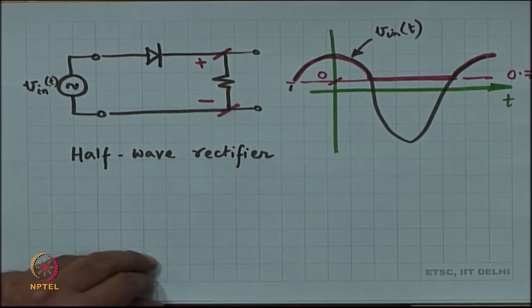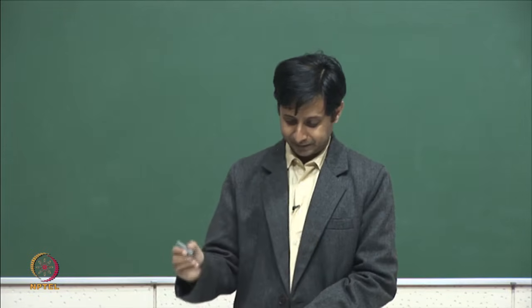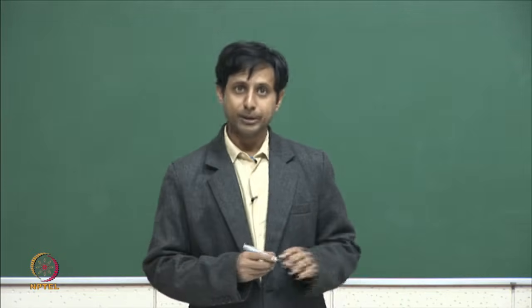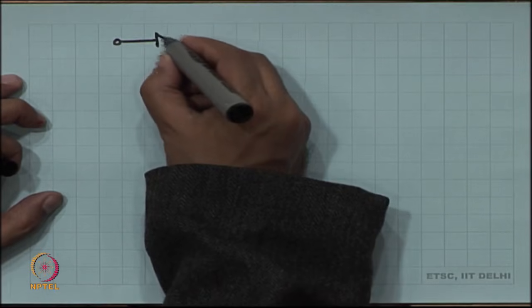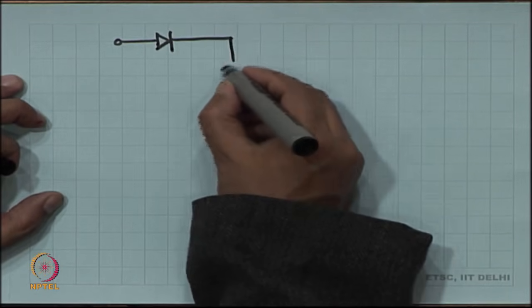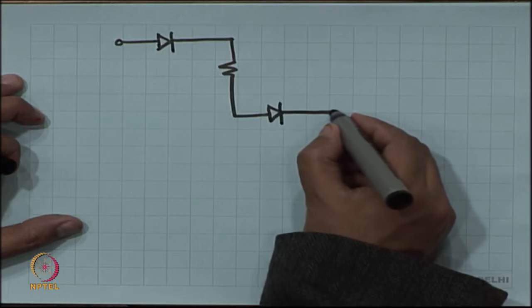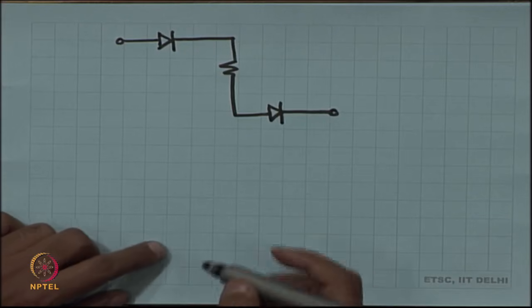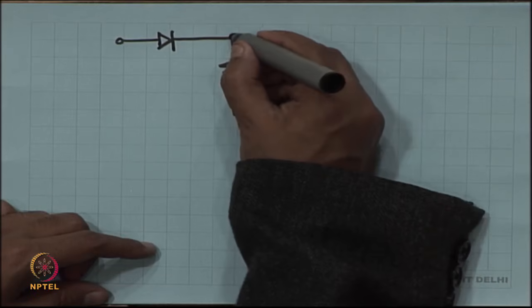Now, somebody wanted to make a full wave rectifier. How will you make a full wave rectifier? Yes, your favorite circuit, the full wave rectifier circuit. There are two full wave rectifier topologies. One is probably your favorite, so this is called the bridge rectifier.